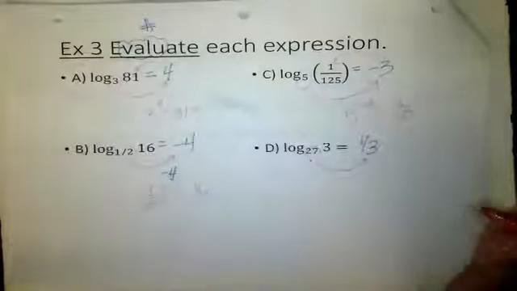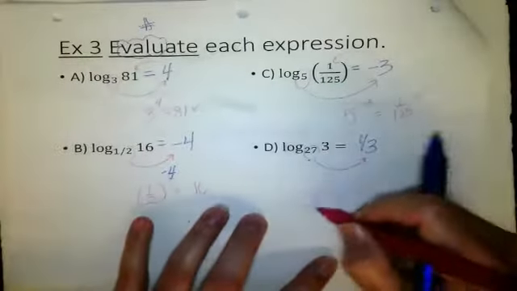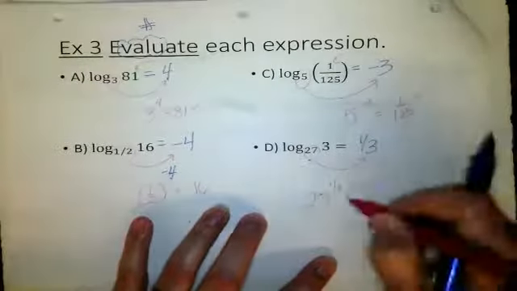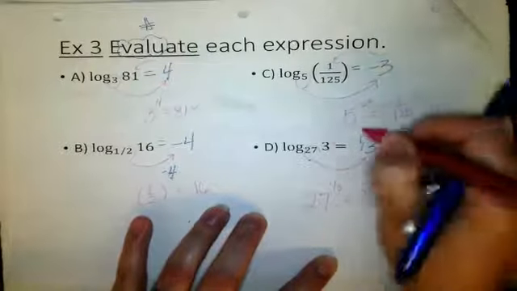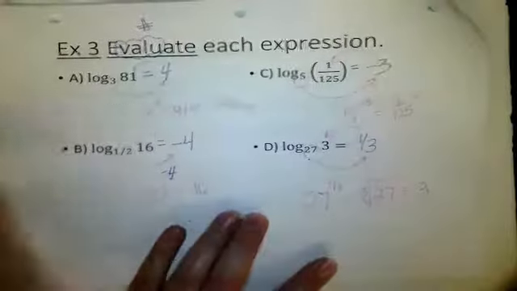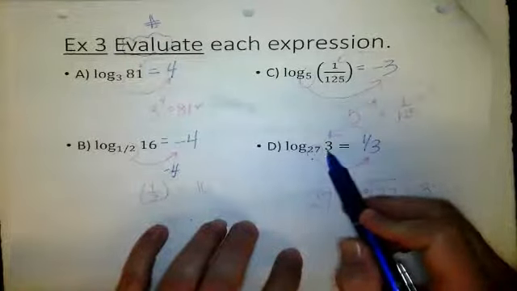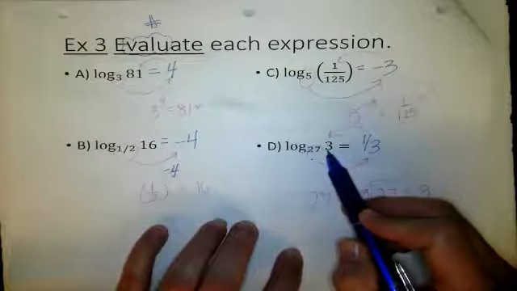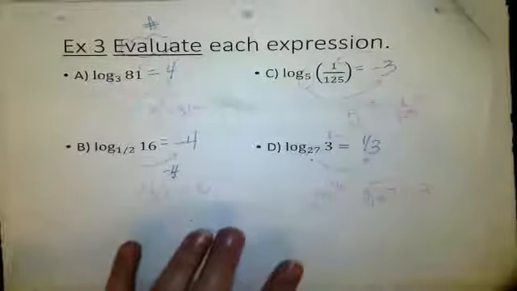The only way we can do that is taking roots of things. So this is 27 to the 1/3 power, which is the cube root of 27, which is 3. So anytime you have a large base and you're trying to get to a smaller argument, you're going to use these fractional powers.